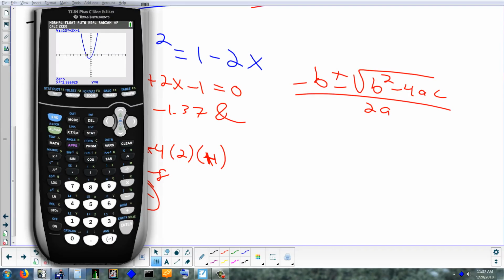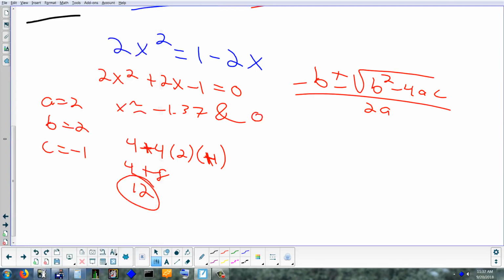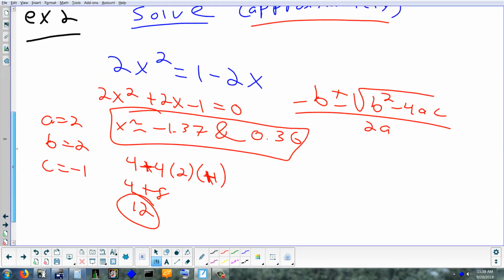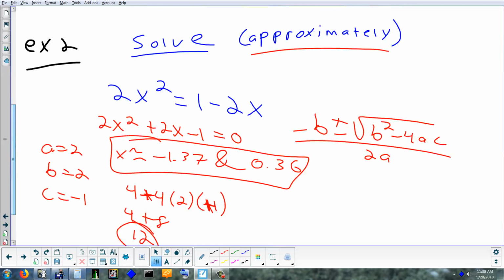Looks like it's a little less than a half. 0.36. Thank you. Okay. And those are the two answers you'd get if you did quadratic formula. One would be from the minus of the square root. One would be from the plus. So any questions on finding a root using the graphing calculator for a problem?